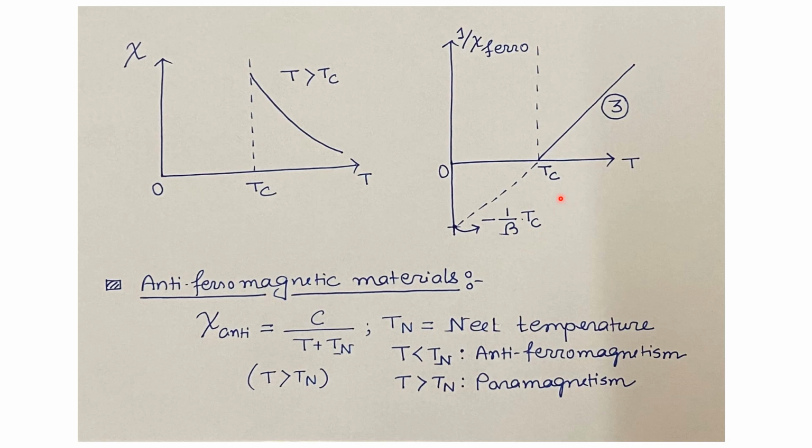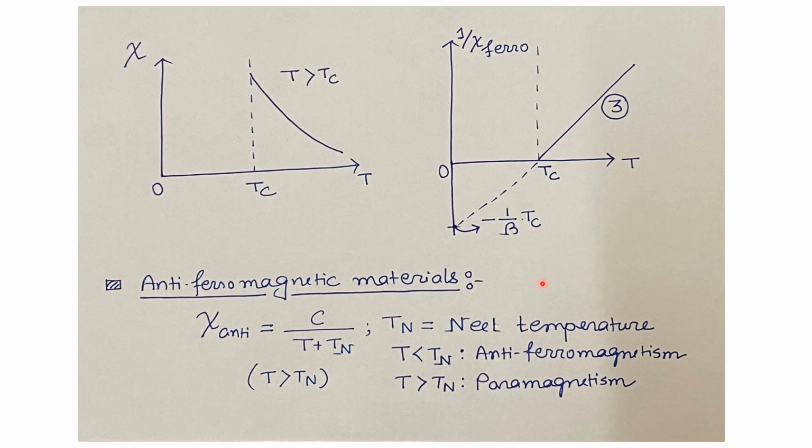And this curve will intersect the T-axis at the Curie temperature, that is Tc. So it looks like the curve for the third material according to the question. So the third material will be the ferromagnetic material.